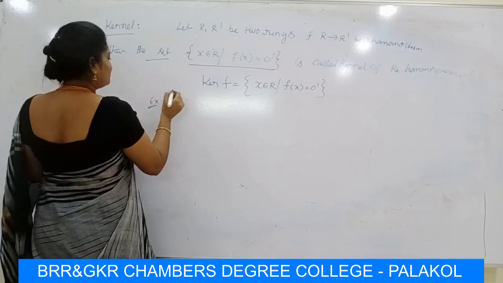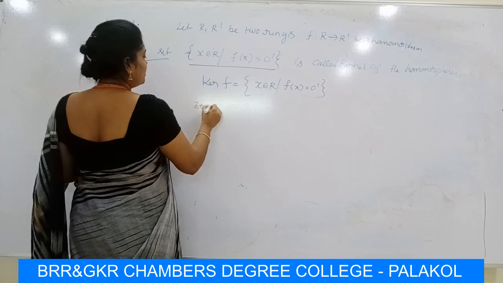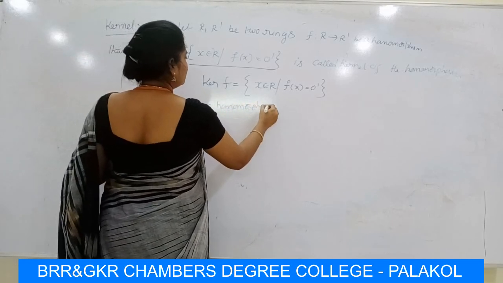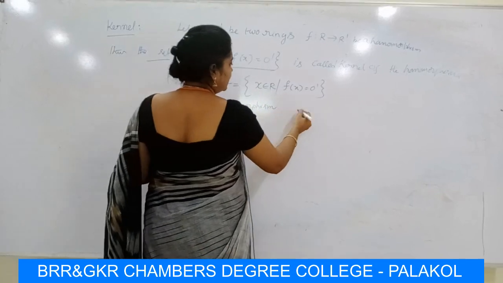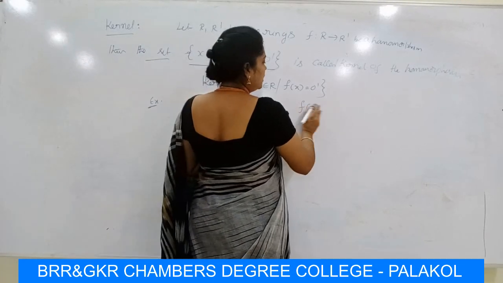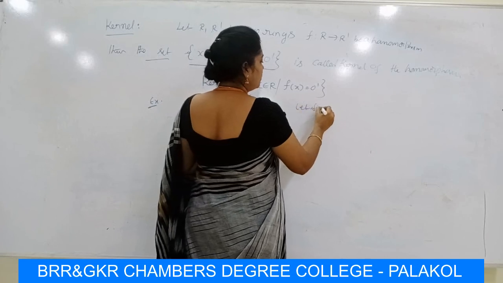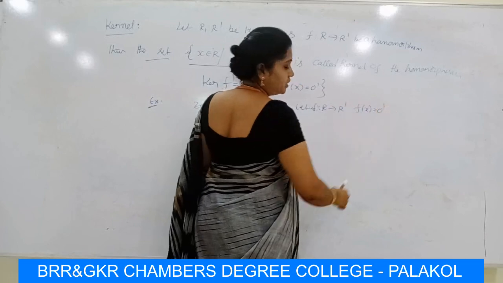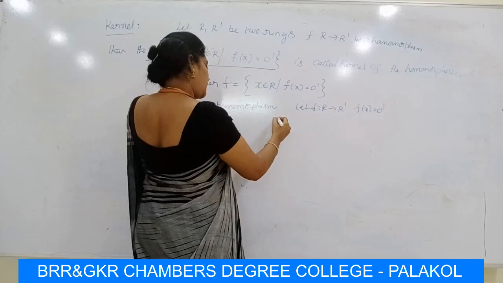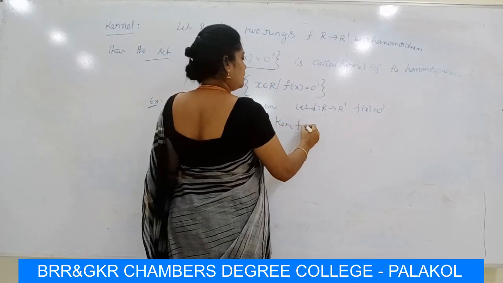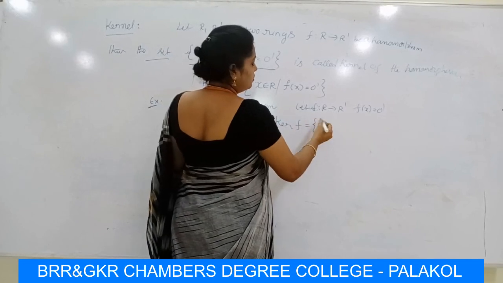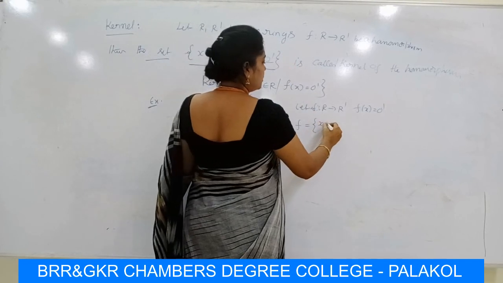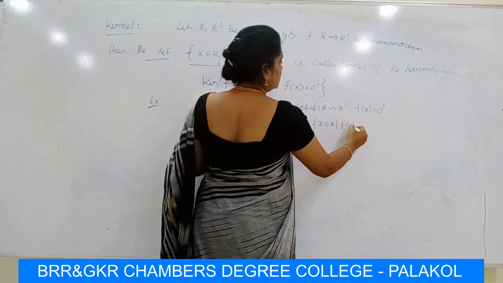For example, let us take the zero homomorphism. Let f maps R to R dash be a homomorphism defined by f of x equal to 0 dash, which is a zero homomorphism. So its kernel is the set of elements satisfying the particular condition that f of x equal to 0 dash, that is x belonging to R such that f of x equal to 0 dash.